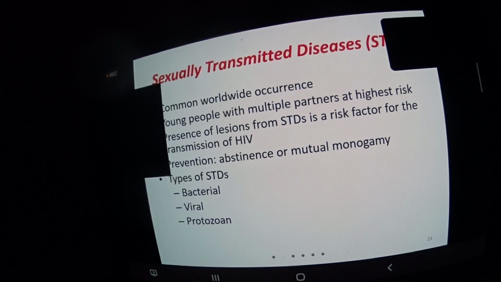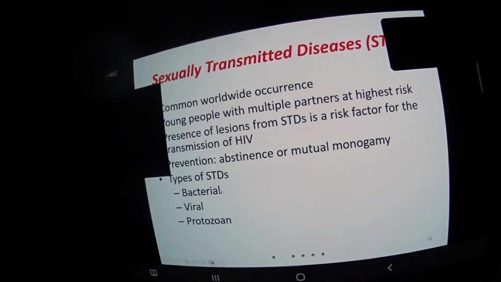I thought I had changed this, but I have not. This changed a while back, so maybe I've uploaded something old. Okay, I'll change it and put the new one. So it's actually STI. We don't call it STD anymore.